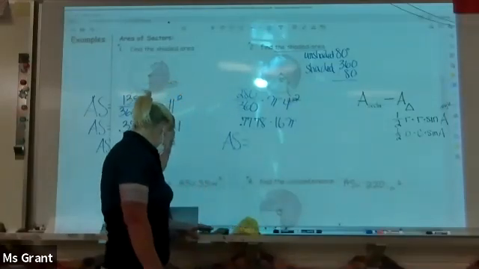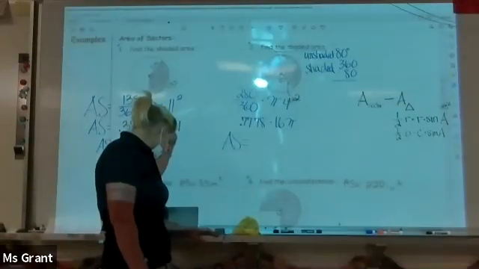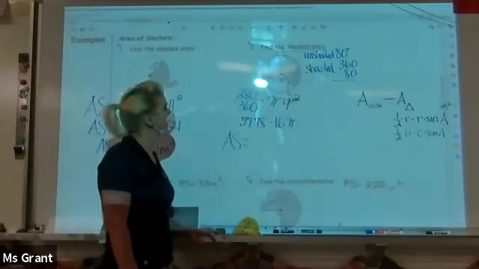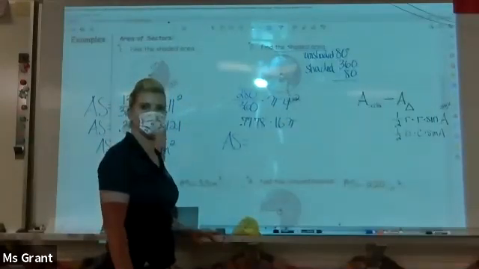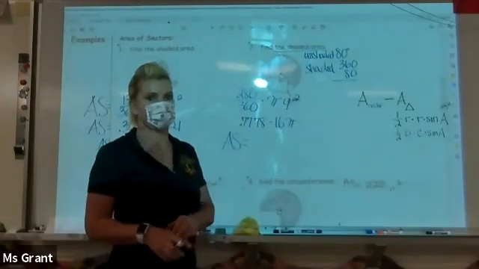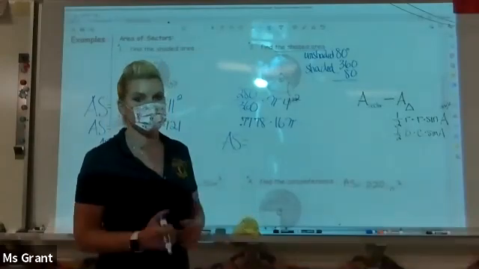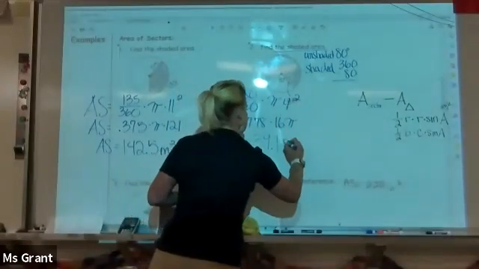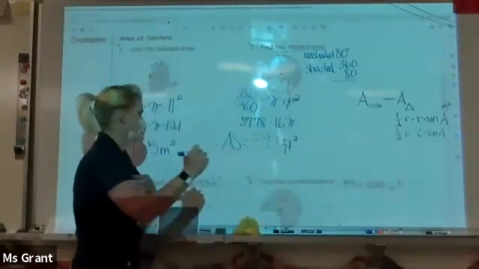New people on Zoom, what'd you get on your calculator? You're all doing it, yes? 39.1. Excellent. 39.1 feet squared.